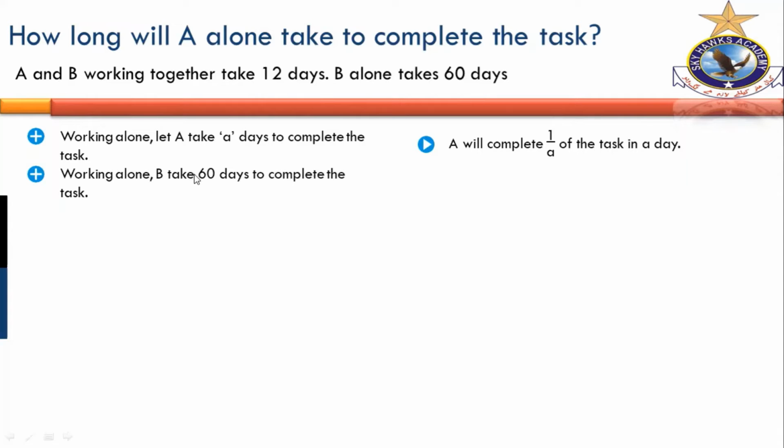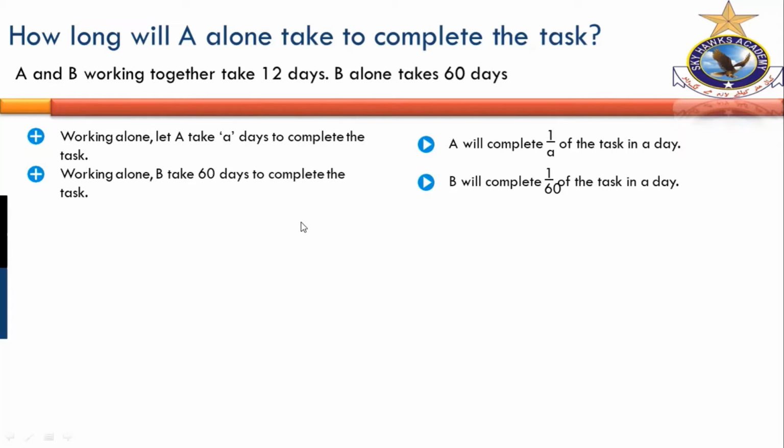So similarly, on the same lines, we can calculate the per-day rate of working for B. B will complete 1 over 60 of the task in a day. In a day, right.